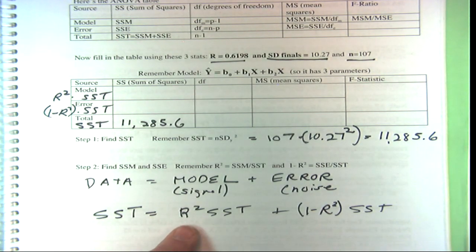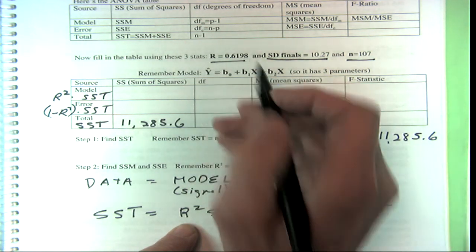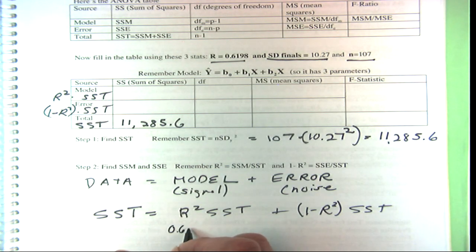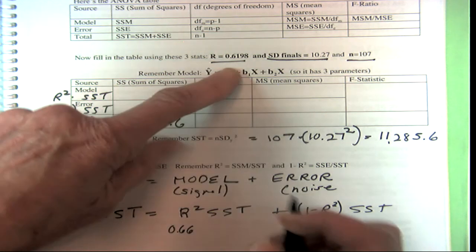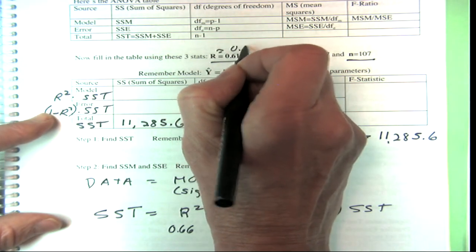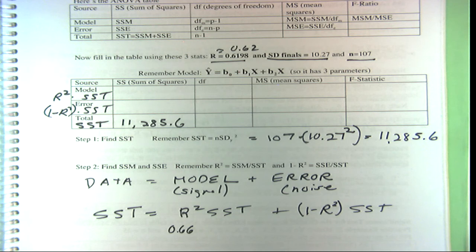Now, if we know what r is here, I'm just going to approximate it as 0.62, because it's easier.